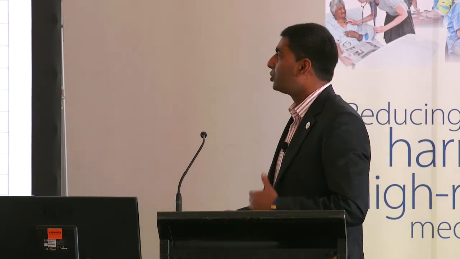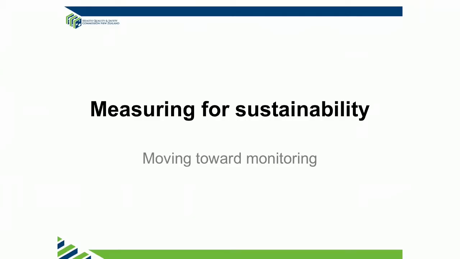So moving on, this is the run chart and control chart, which we'll be using in the near future. But a lot of the talk today is about sustainability, implementation, changes. So how does the measurement look from that perspective? Right, okay.